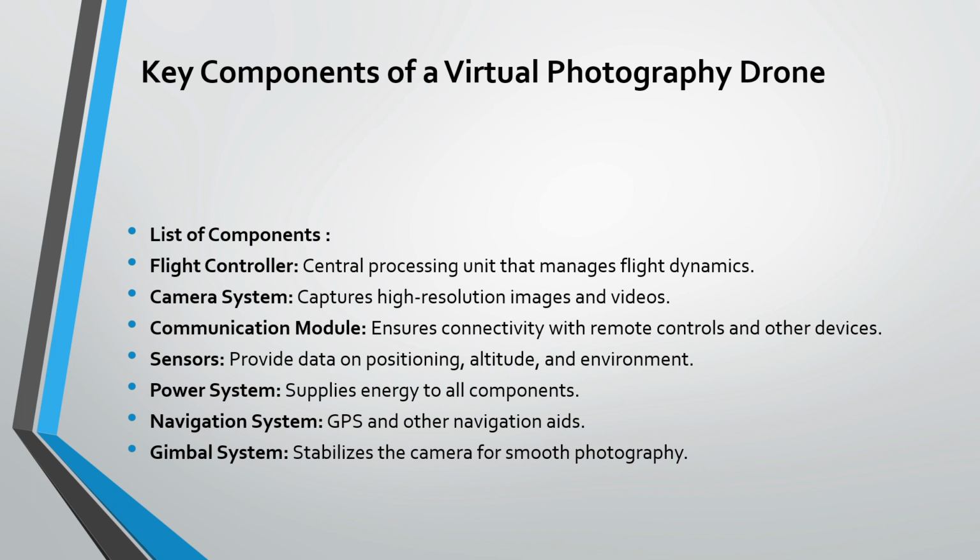It is a central processing unit that manages the flight dynamics. We can say it is the CPU or the main part of the drone. Another one, the primary part, is the camera system, which captures high quality images and video from the air. So we can use it for security purposes, agriculture, and photography also.